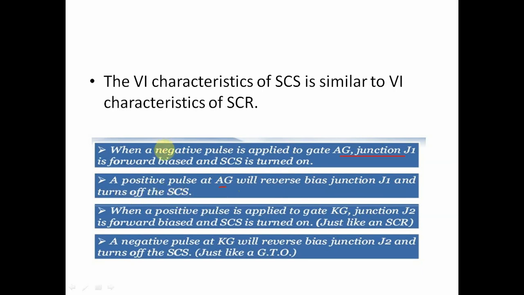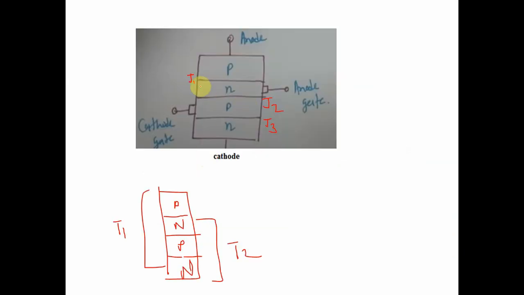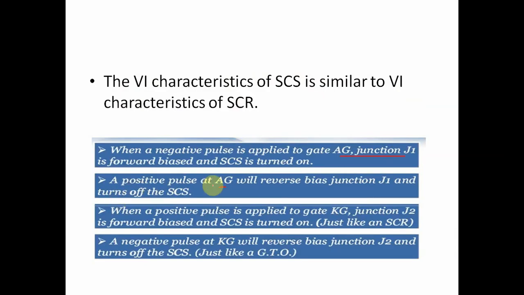Here is the J1 junction, and it is forward biased. A positive gate pulse at AG will reverse bias junction J1, and the SCS is turned off.